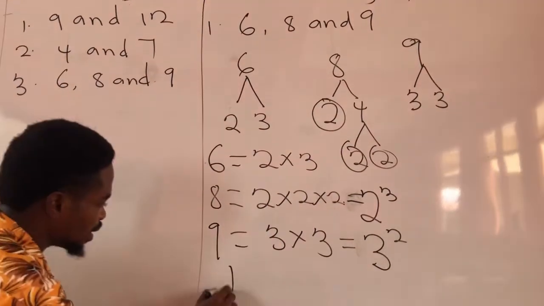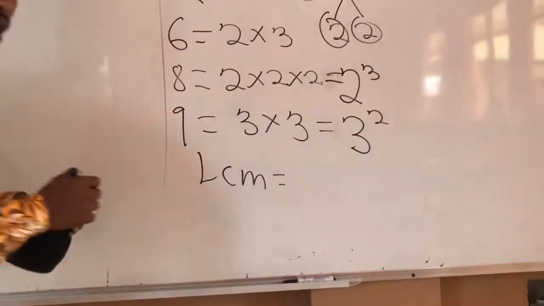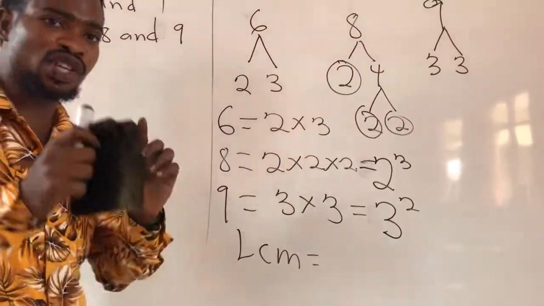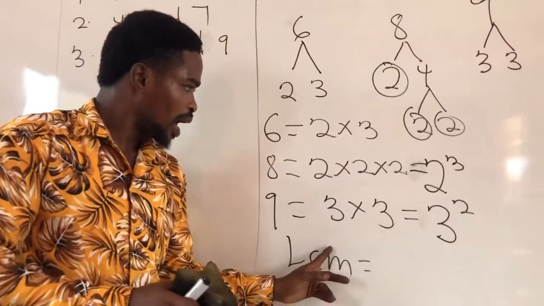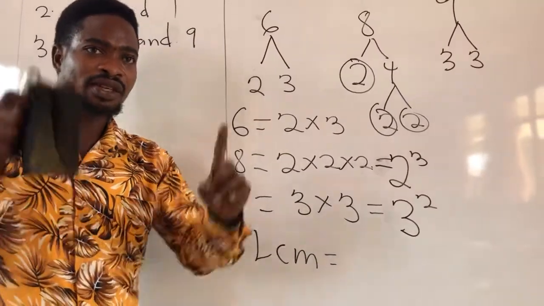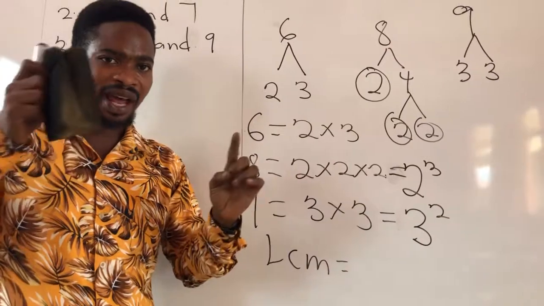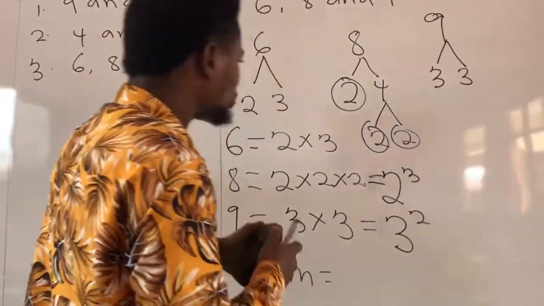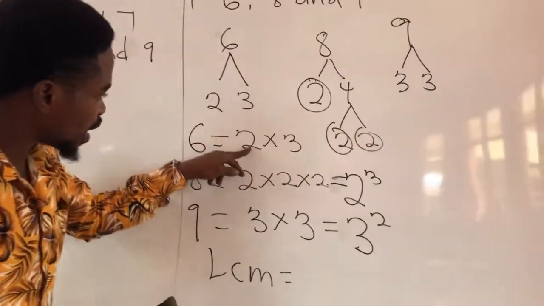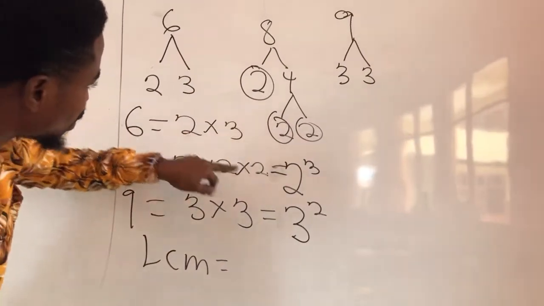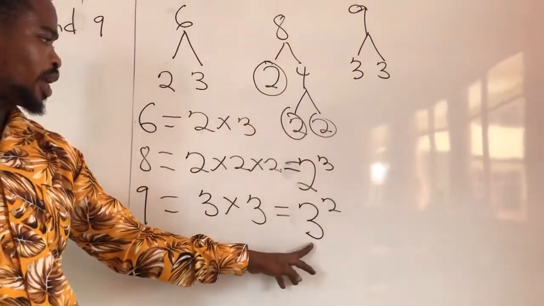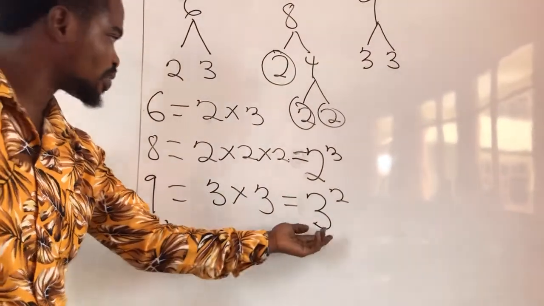Now, let us find the LCM of the numbers. Remember that we are looking for the highest common factors and other factors. Alright? So, we have 2 here, but 2 is not here, it's rather 3.